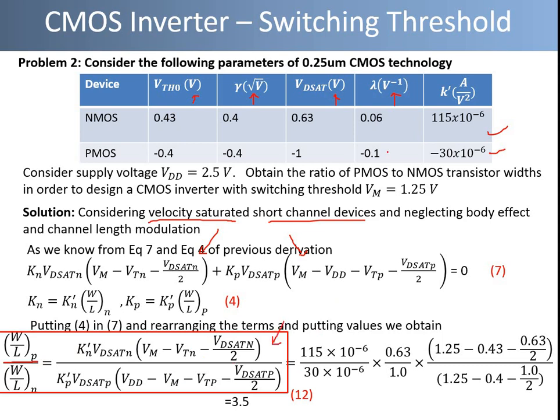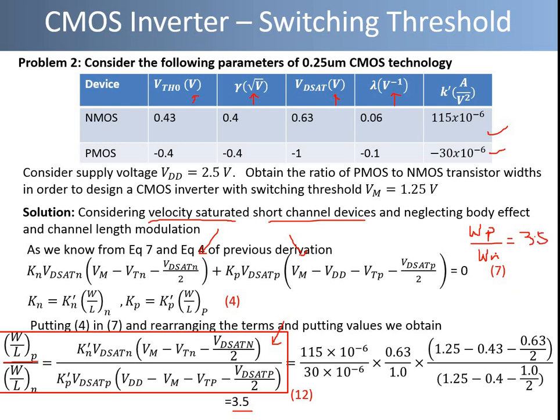Now putting the values from the table and taking length as a constant value, we see that the result is 3.5. It means W by L of PMOS divided by W by L of NMOS is equal to 3.5.